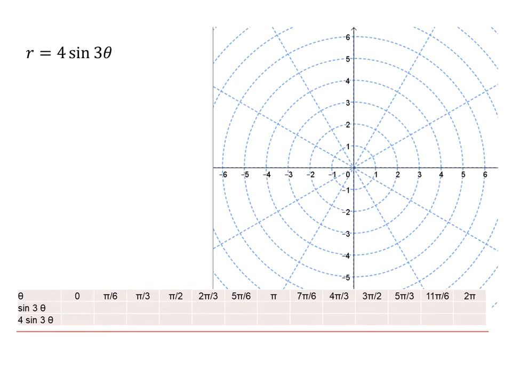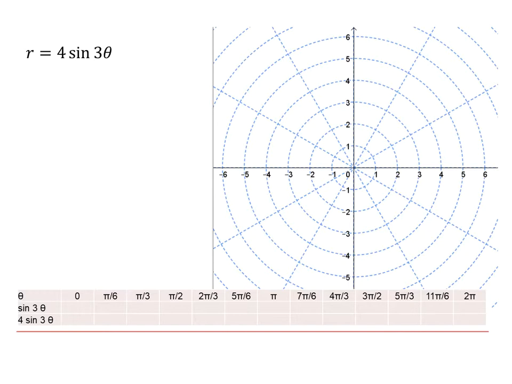The final graph I want to look at is r is equal to 4 sine 3 theta. So notice it's 3 theta here, therefore it's going to be changing rather more rapidly than a sine curve. Sine theta goes 0 to 1 and then to 0 again in a distance of pi on the graph.